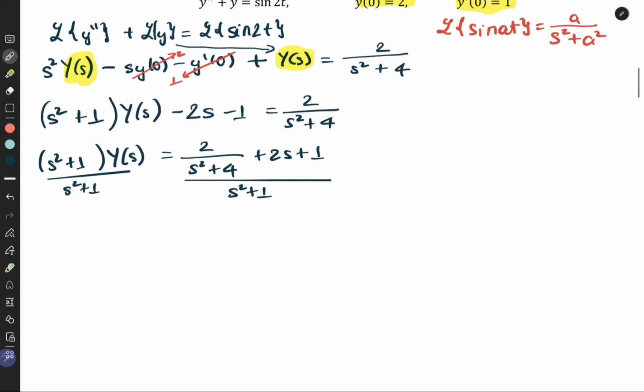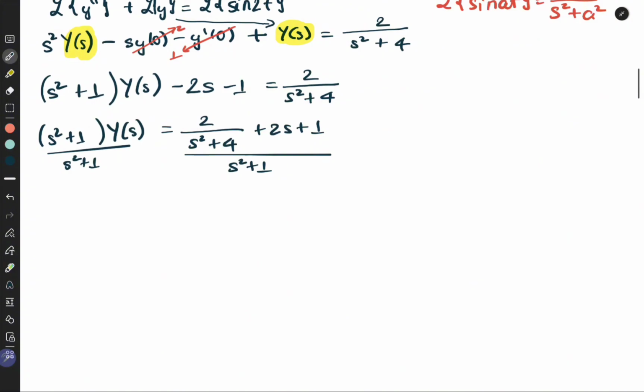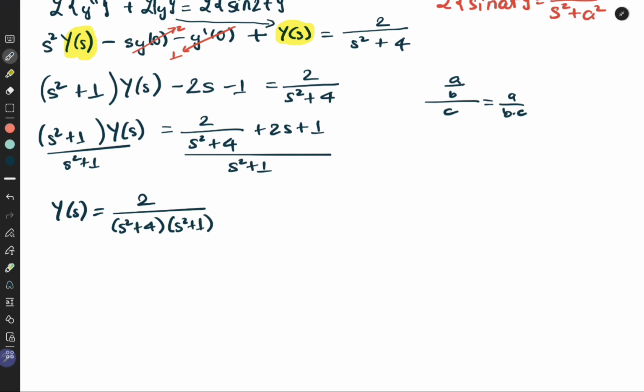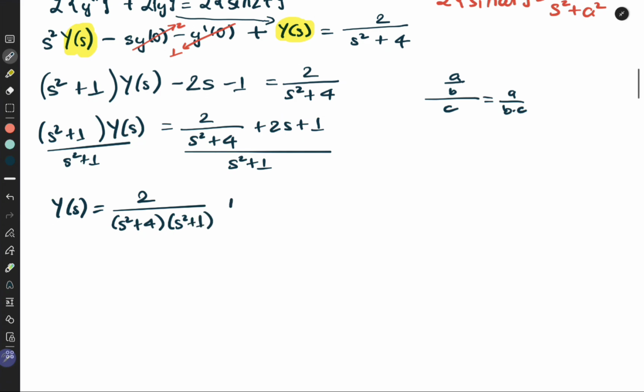Okay, I rewrite like this. For the first one, a over b divided by c is just a over b times c. So it just turns out to be 2 over s squared plus 4 times s squared plus 1, plus 2s over s squared plus 1, plus 1 over s squared plus 1.